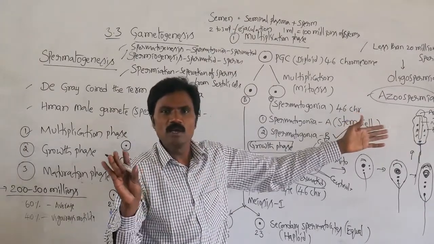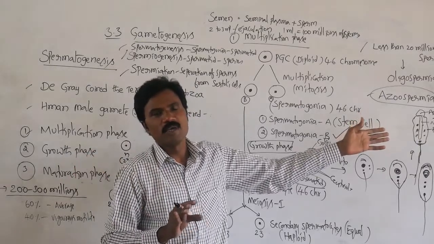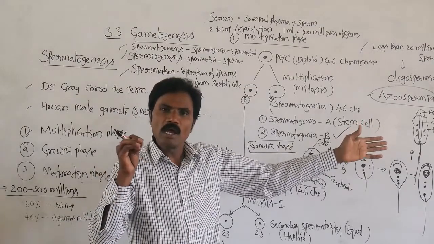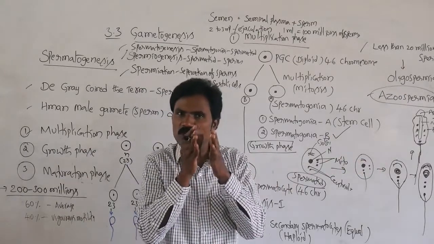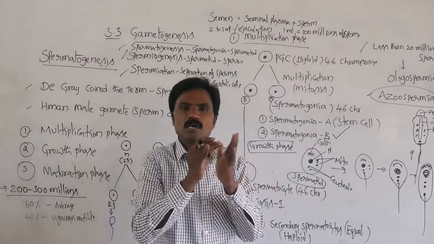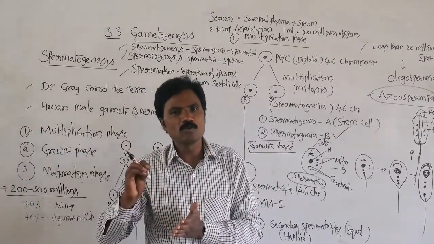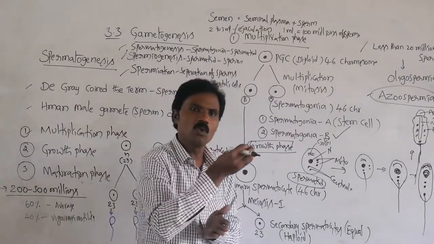The remaining 100 million carry the X chromosome, that is gynospermia. So gynospermia is related to the X chromosome and androspermia to the Y chromosome. 50% of the spermatozoa contain the Y chromosome, and the remaining 50% are related to the X chromosome.